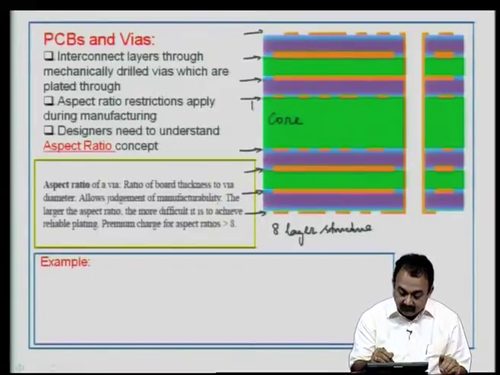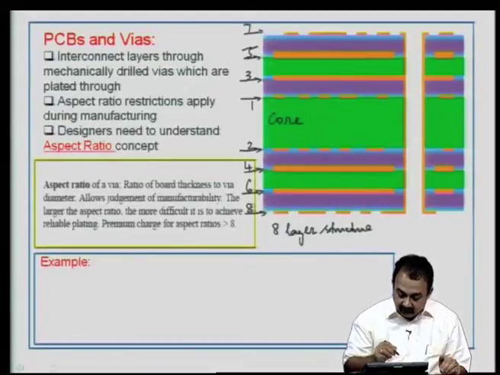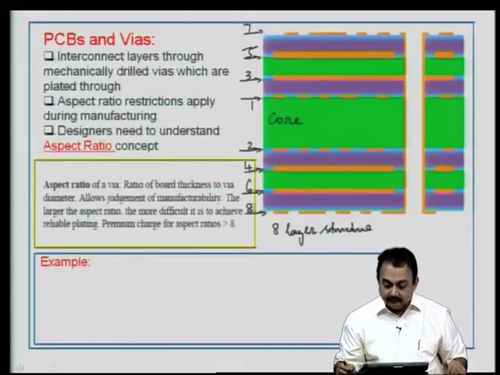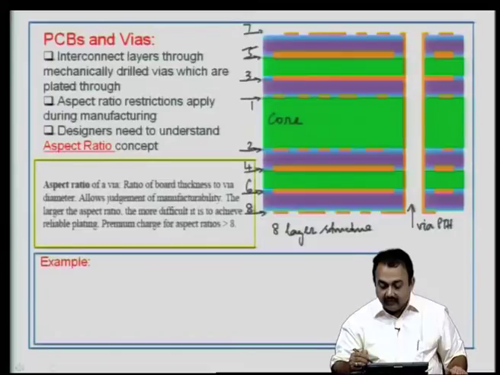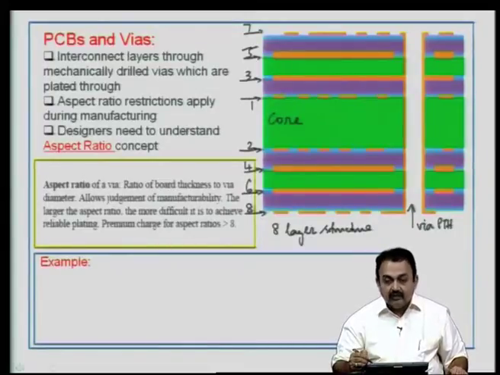So, you have 1, 2, 3, 4, 5, 6, 7 and 8 layer copper structure. In this you have a via which is a plated through hole, connecting the top electrical layer to the bottom electrical layer.